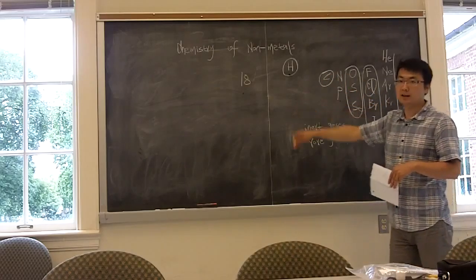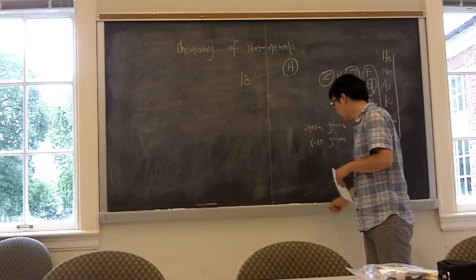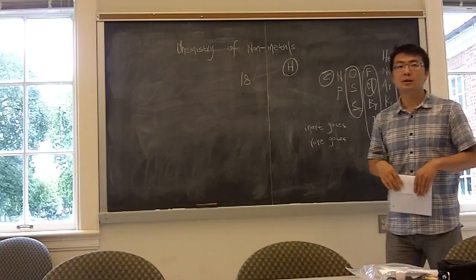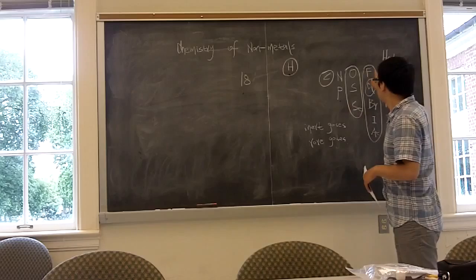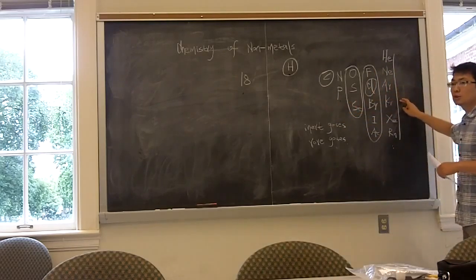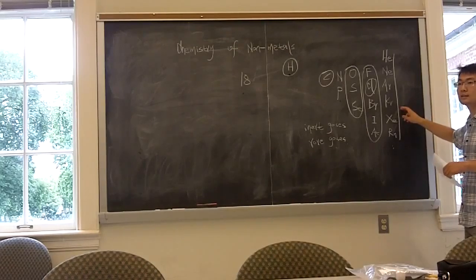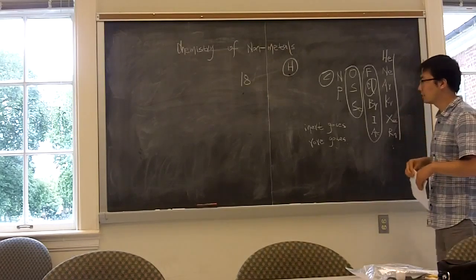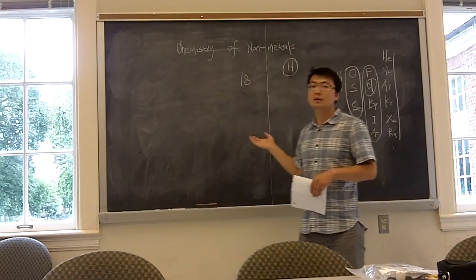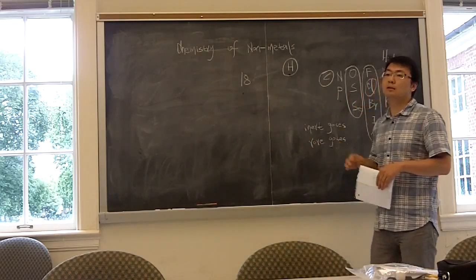It's in a different place. Most of the time when we talk about non-metal elements, we just mention these 12 elements, not including the rare gases, the inert gases. So please remember that. So far, we know there are 18 kinds of non-metal elements.